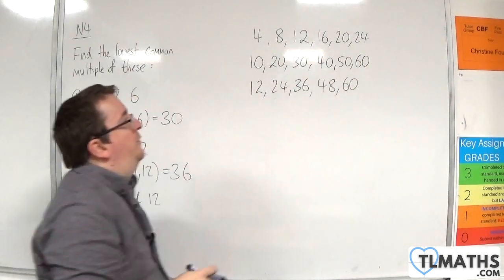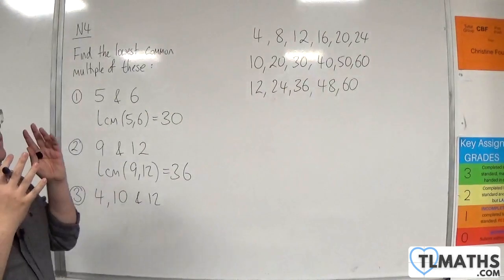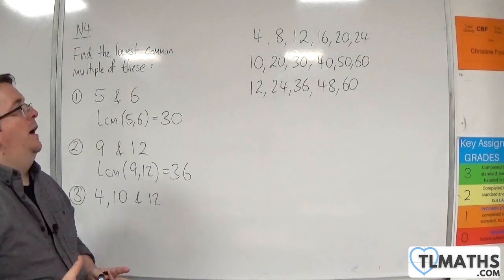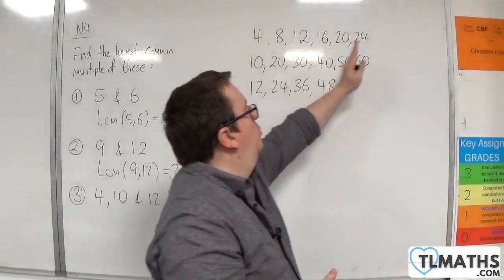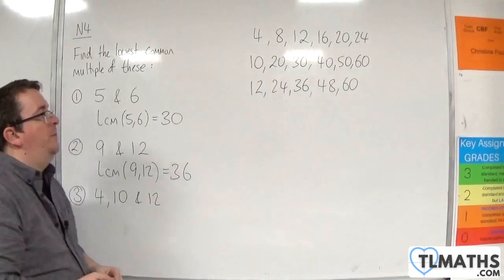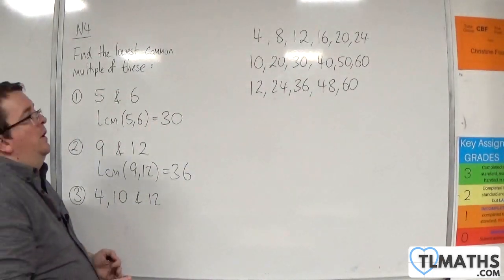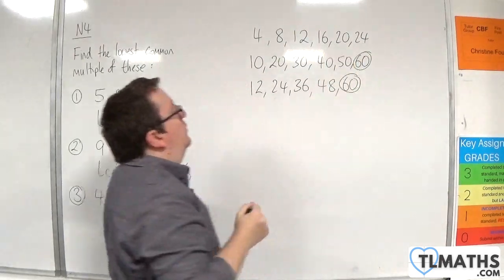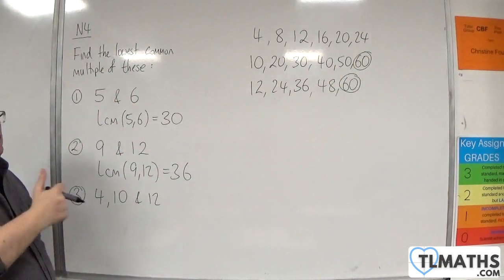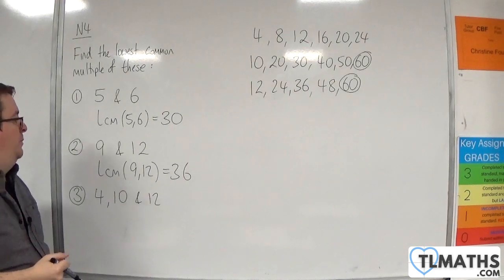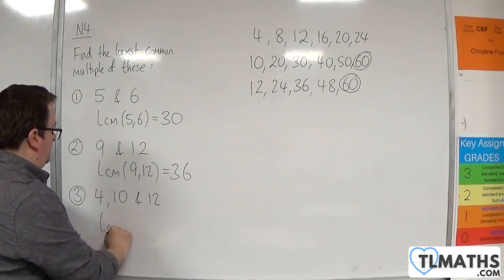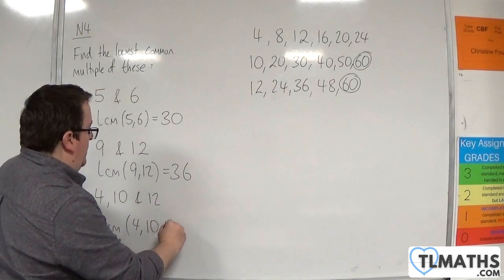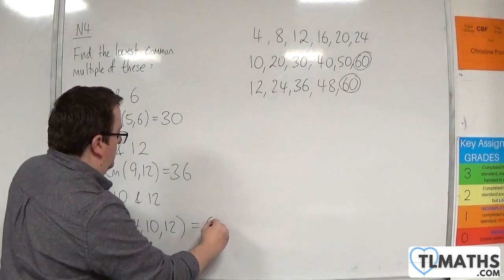Now, you might be going, do I have to write down all of the numbers from 4 all the way up to 60 in the 4 times table? Well, no. If you already know the answer, and you know 4 goes into 60, then that's going to be our lowest common multiple. Of course, if you had to demonstrate it, but you wouldn't be asked to write down all those multiples.